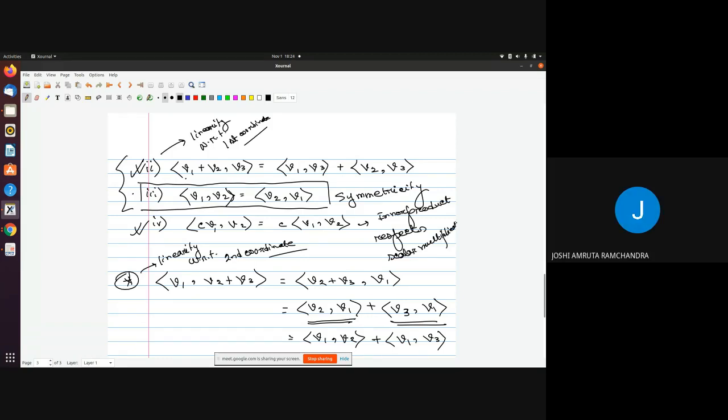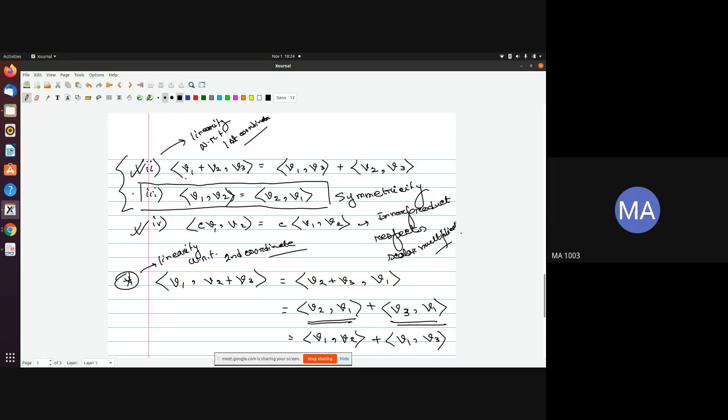Sir, there are three names in the activity question: positivity condition, symmetry condition, and bilinearity. But here there are four axioms. Three names and four axioms, that's why I was asking. But now is it clear, what is going on behind this?